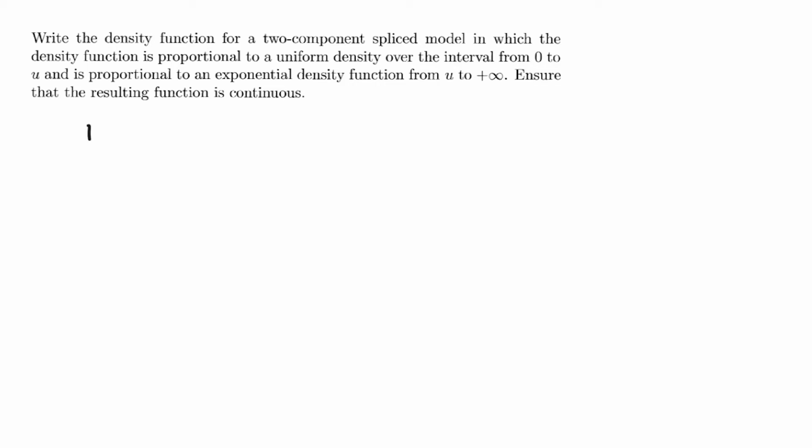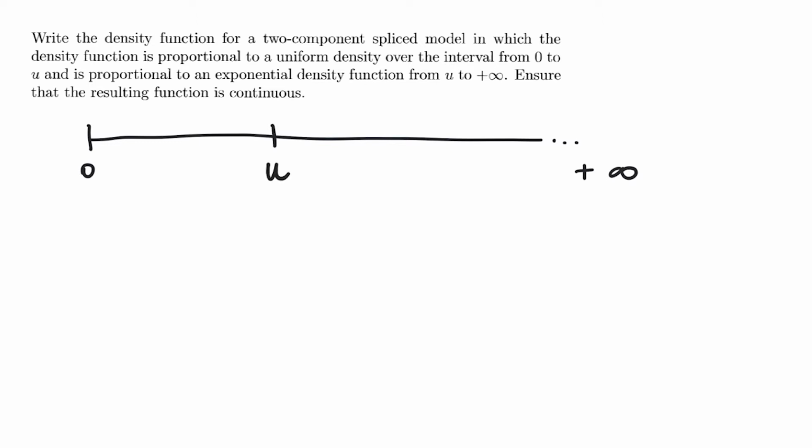So our new continuous distribution has its support from 0 to plus infinity. From 0 to u, it will rely on the uniform distribution, and from u to plus infinity, it will rely on an exponential.